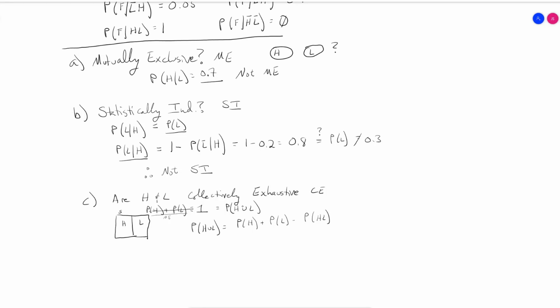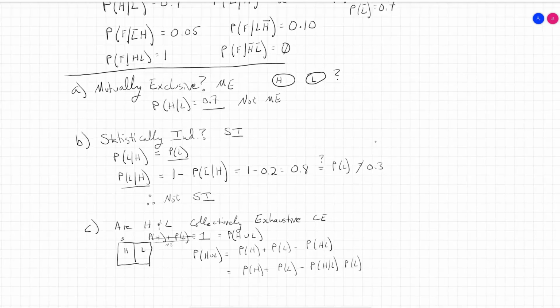And because we know that they're not independent, this equals the probability of H plus the probability of L minus the probability of H given L, using the conditional probability rule, times the probability of L. Now let's see what we have. Can I go back up here?